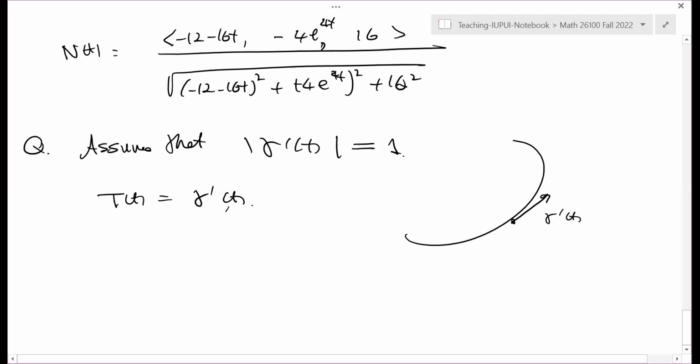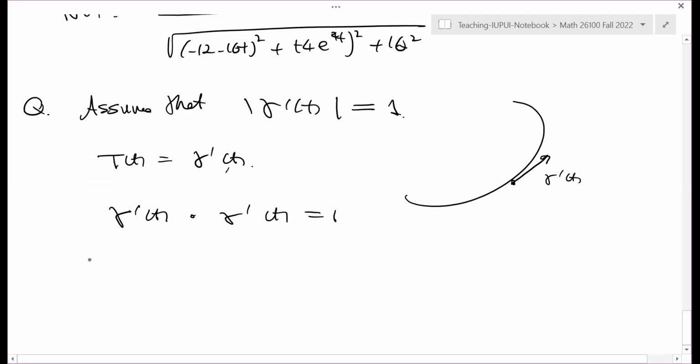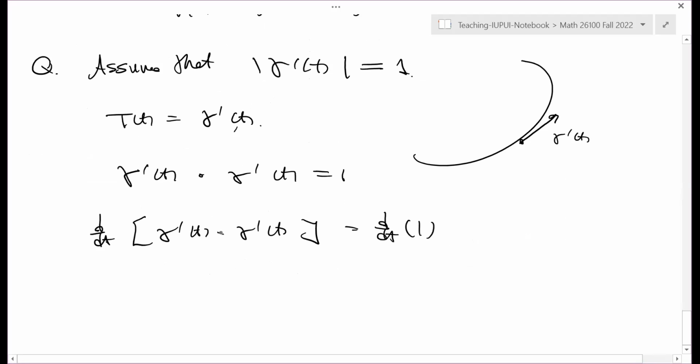All right, so what is next? The gamma prime dot gamma prime is going to be 1. So you differentiate both sides. If you differentiate both sides, then you derive some interesting formula. Now this is using the product rule.